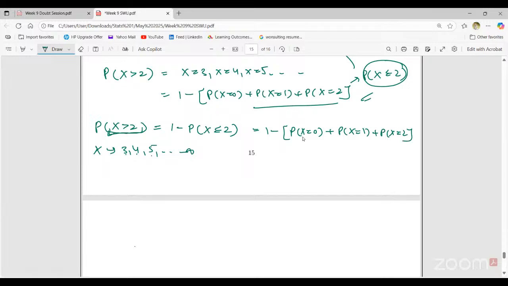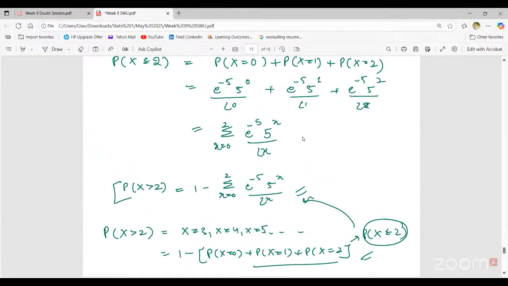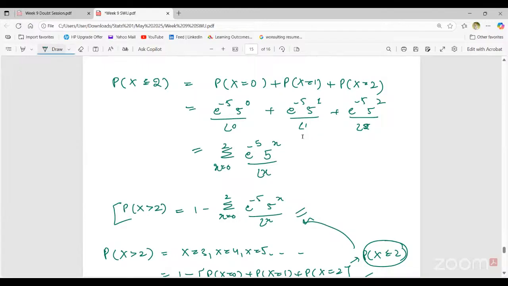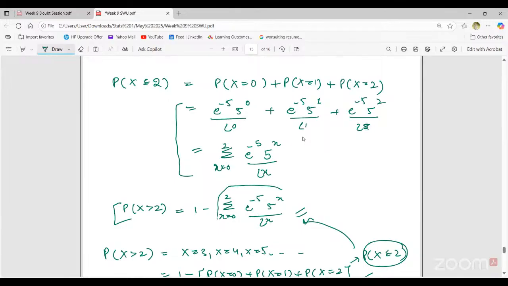Now this value is e raised to the power minus 5. This step is clear? So these were the probabilities, all the addition, so I just wrote it like this. That's it. Now is it fine?